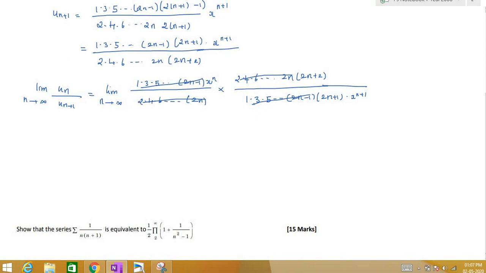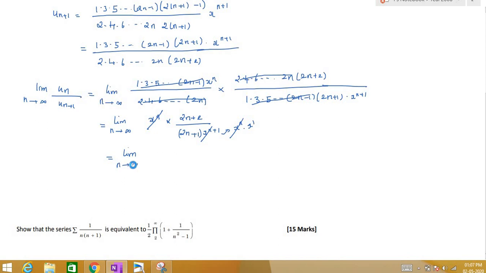So you can see the remaining terms are limit n tends to infinity, here we will have only x power n into 2n plus 2 by 2n plus 1 into x power n plus 1. So our x power n and x power n will get cancelled. I can write x power n plus 1 as x power n into x power 1, so these two will get cancelled, and we are left with only x.